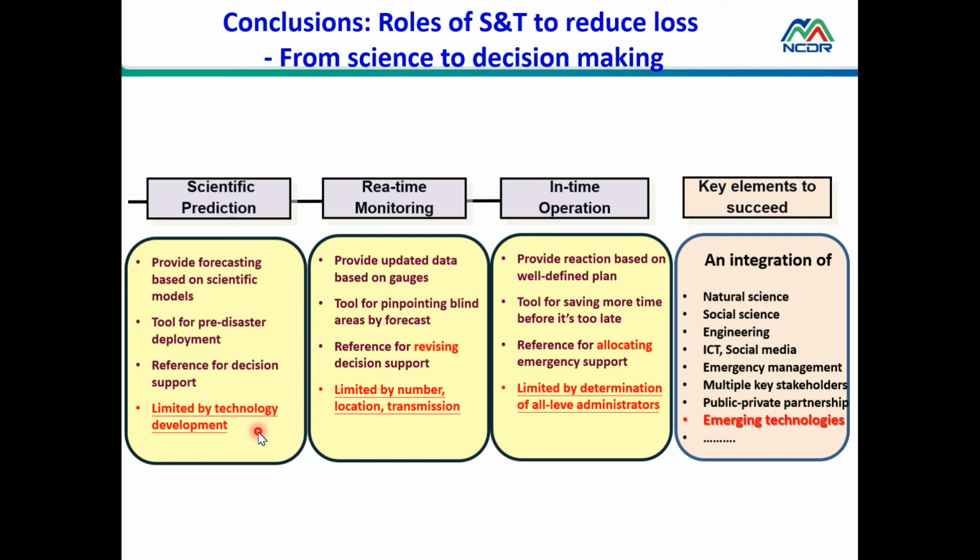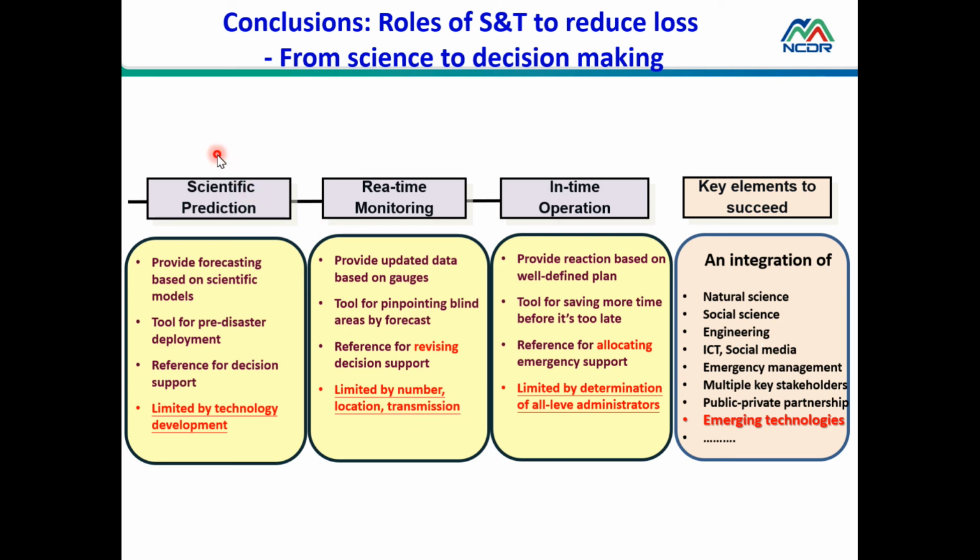We don't have, and we never have, a perfect model to forecast the impact brought by disaster. So we need real-time monitoring data to help us further revise our scientific output. But we have a limited number of sensors. We have a problem transferring the data from the possibly affected area to the EOC.